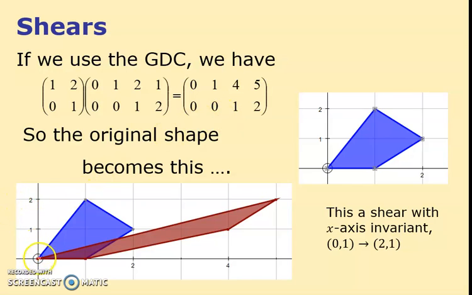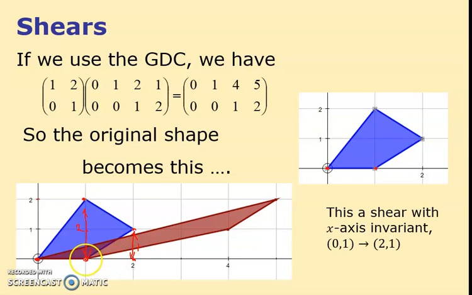Well, let's just look. Notice the 2 points on the line, these 2, stayed exactly where they were. They didn't move. They are invariant. That's what invariant means. Now, this one is 2 away from the x-axis. So it's 2 up. So because it is 2 up, it is going to move more than this point is. This point here is 1 up.